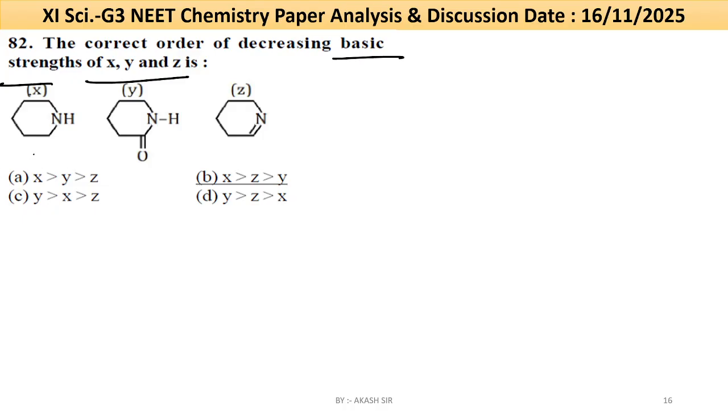Okay, this is X. Y is a lactam, a cyclic amide. This is a cyclic amide with a carbonyl group. Yes, it is a carbonyl group adjacent to the nitrogen atom. It is Y. And Z is pyridine, an aromatic 6-member ring with a nitrogen.